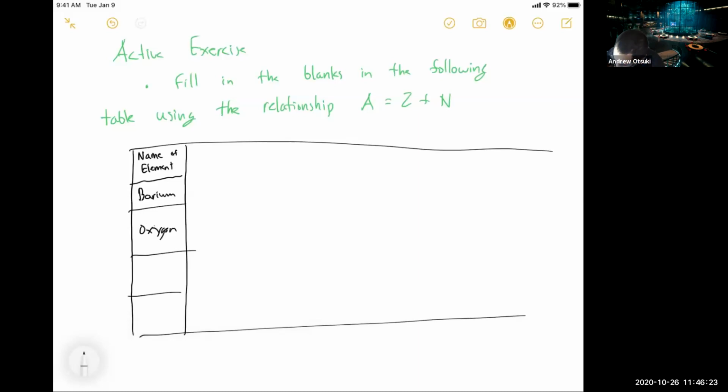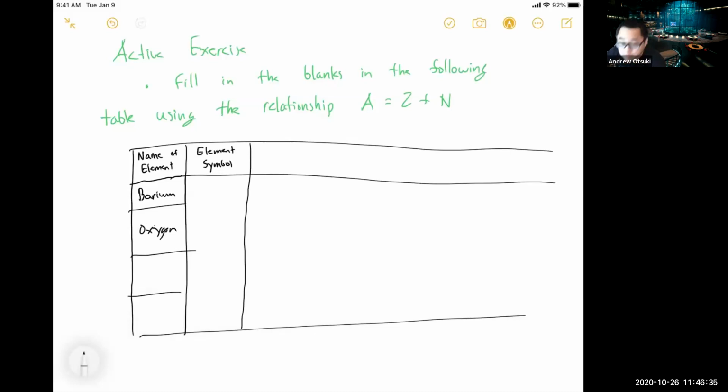Here's the elemental symbol. Here we're going to have the atomic number, that is our Z value. Protons.